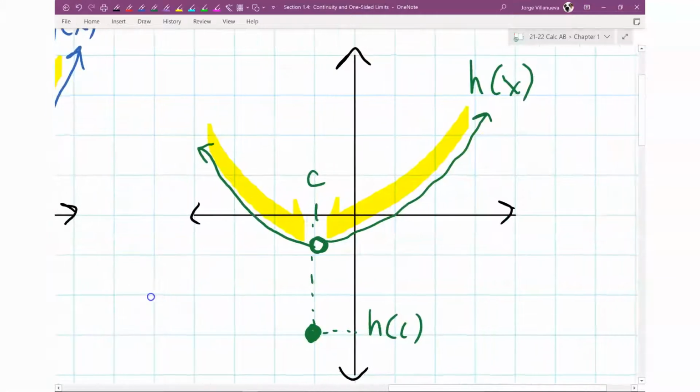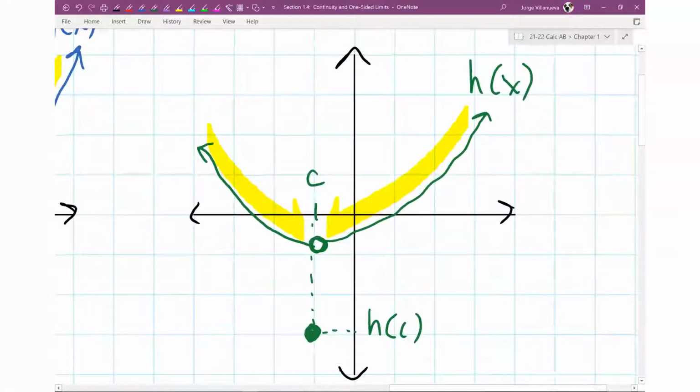Let's look at h. Does h of c exist? Yes. Does the limit as x approaches c for h of x exist? Yeah. Are they both the same value? No. This one has a value here for the limit. This one has a value here for the actual answer. They're not the same.